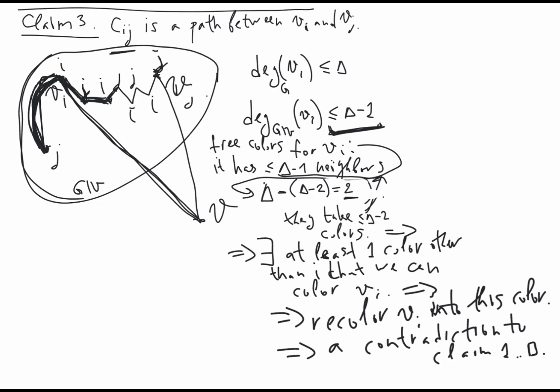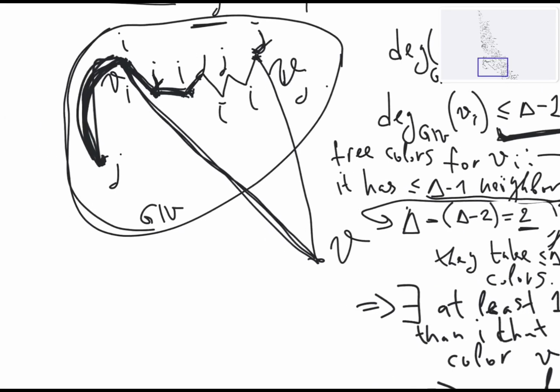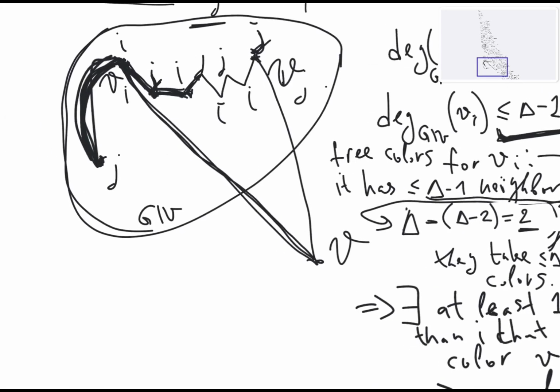Another case is when some intermediate vertex, let's say this vertex colored I, is again connected to another vertex of color J in the same connected component, not on the path. So we have a path between Vi and Vj, and some intermediate vertex is connected to some other vertex.